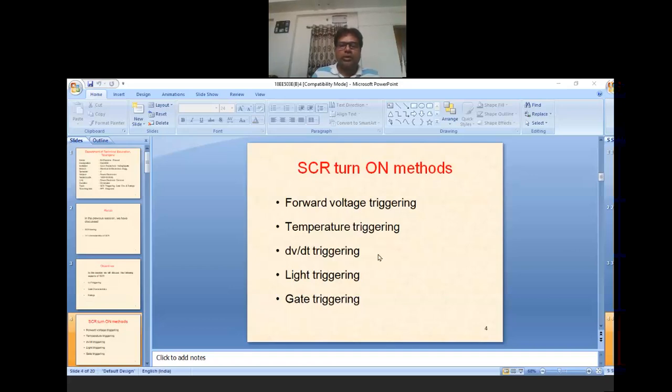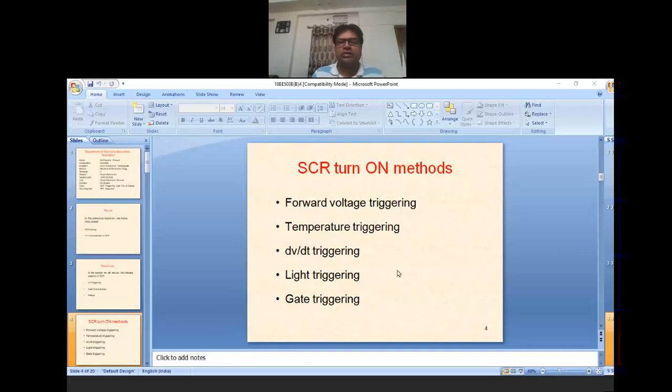Particularly when we turn on the SCR with the aid of the gate, applying a positive gate pulse, the action will be as if it were triggered, with fast conduction, and it enters into conduction mode. It can be called triggering, and that is gate triggering. But in general, for all the other methods also, it is named triggering, but strictly speaking, they are turn-on methods.